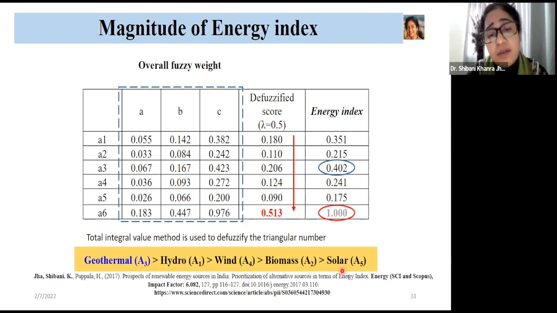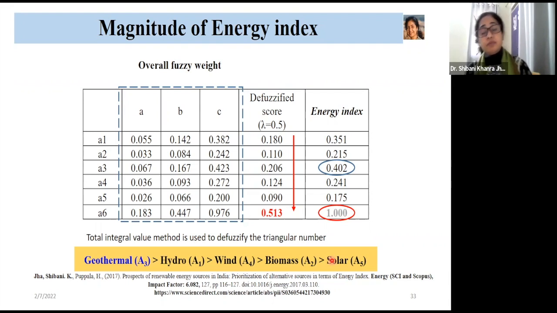So what is the final learning outcome here? Based on those criteria, which were environmental attributes and techno-economic attributes, geothermal shows a very promising source when evaluated based on those criteria, followed by hydro, wind, biomass, and solar.